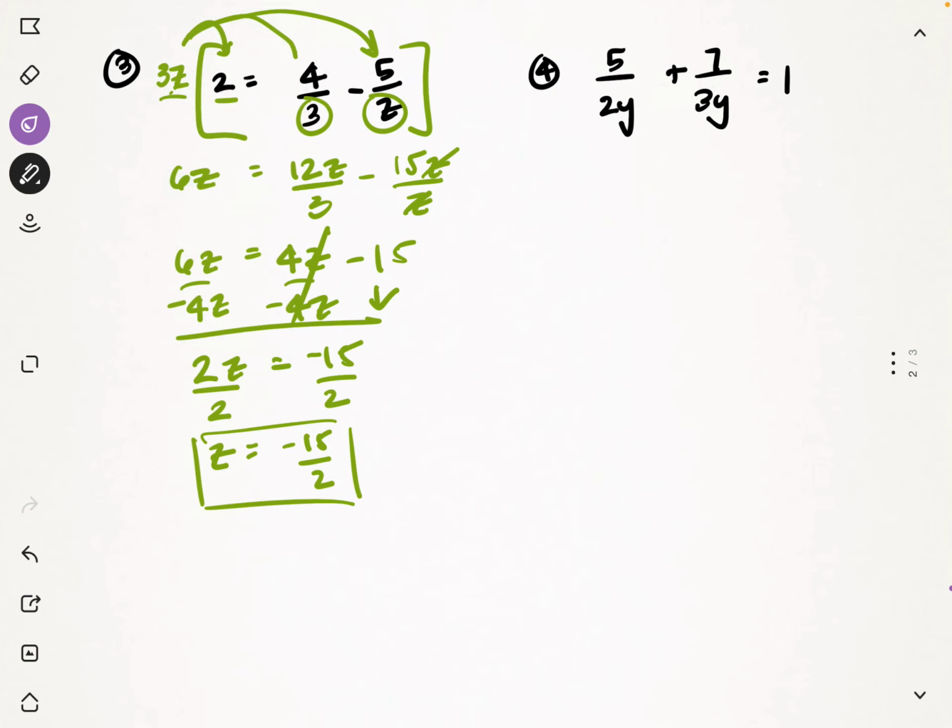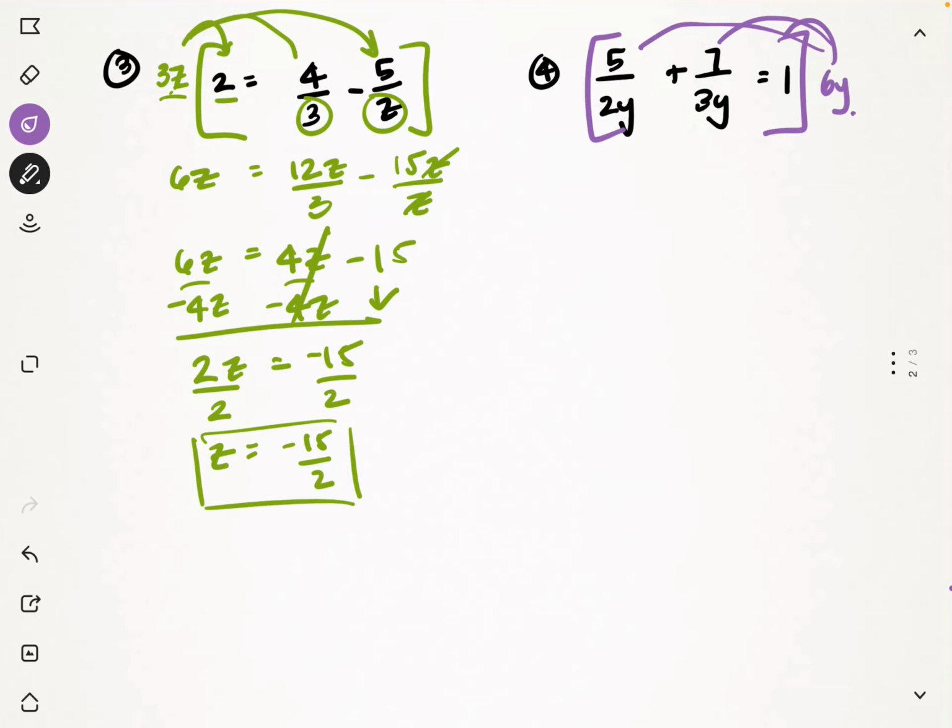Okay, on to the next one, same idea. This time we have 2y and 3y, so the least common denominator would be 6y, right? Because we can multiply 2 by 3 to get to 6y, and 3 by 2 to get to 6y. So we're going to take our LCD, we're going to multiply it. This one has 3 parts as well.